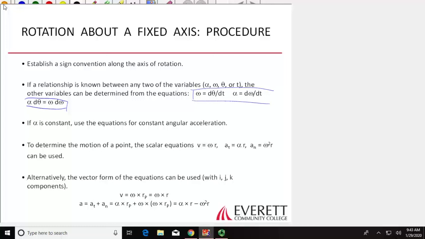Determine the motion of a point. The scalar equations, v equals omega r, at equals alpha r, and an equals omega squared r, can be used. Those are scalar equations. The vector versions are down here, where velocity equals omega cross r. Acceleration is at plus an, which is alpha cross r, omega cross omega cross r.